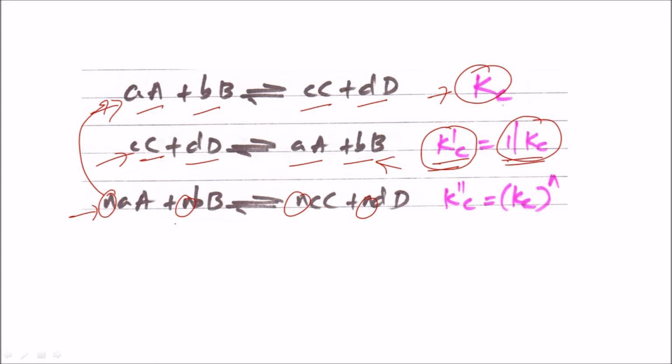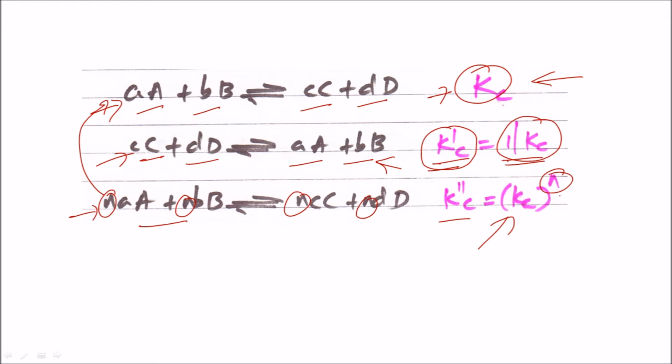If you multiply the reaction by a certain number, then K double dash c is equal to Kc to the power n. Whatever number is multiplied, Kc should be raised to that power. In this way we can easily find the equilibrium constant values for certain cases.